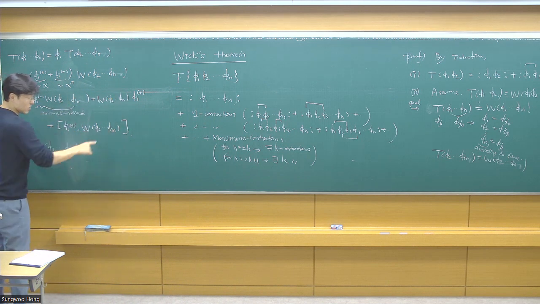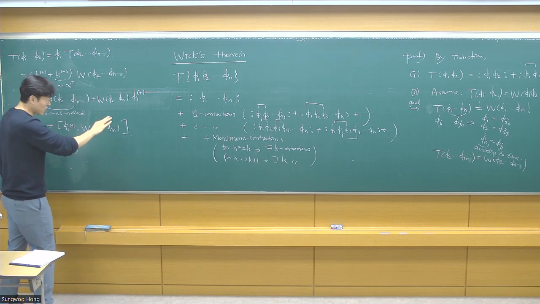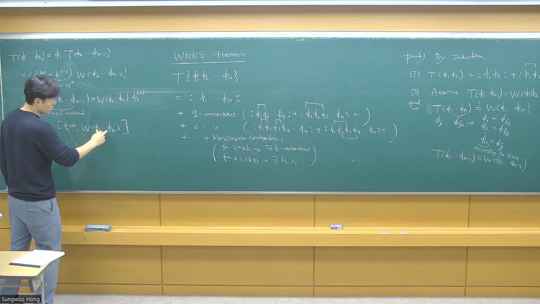Now what does this do? This is a commutator where at least phi 1 is always involved, which means it will give you a contraction with phi 1 involved, and then something else, but that something else is never phi 1. It will be from phi 2 to phi n.